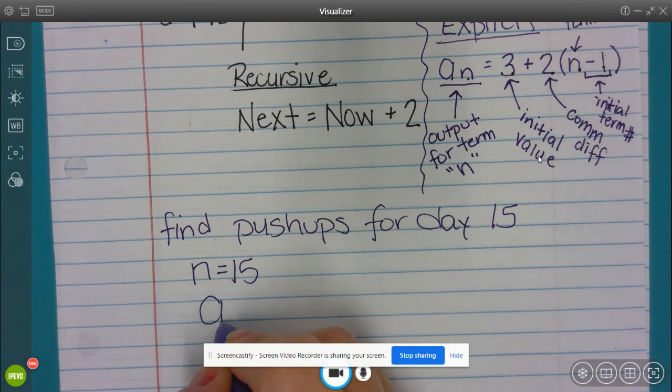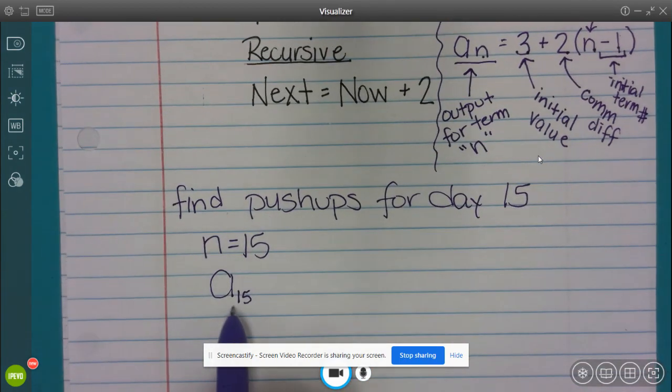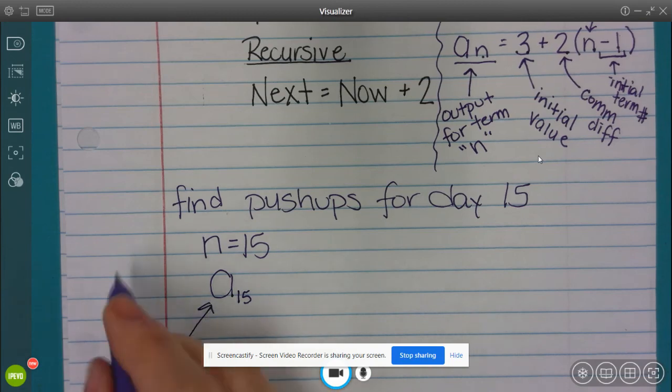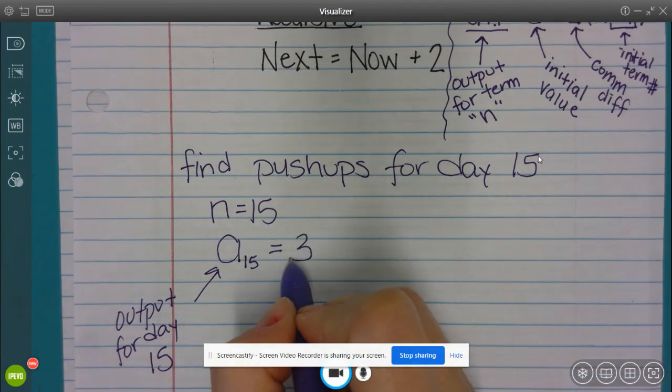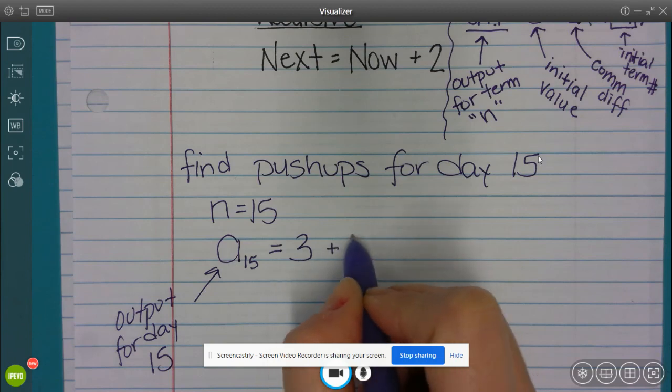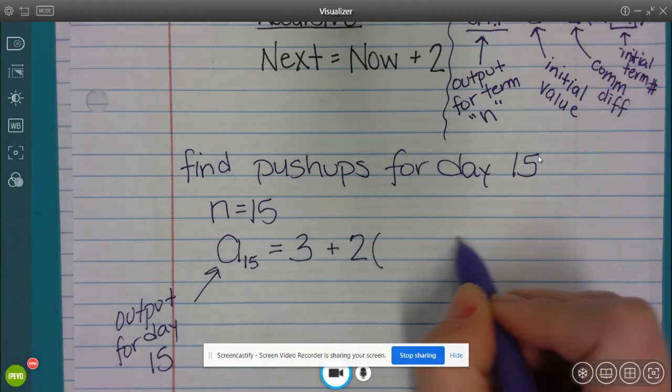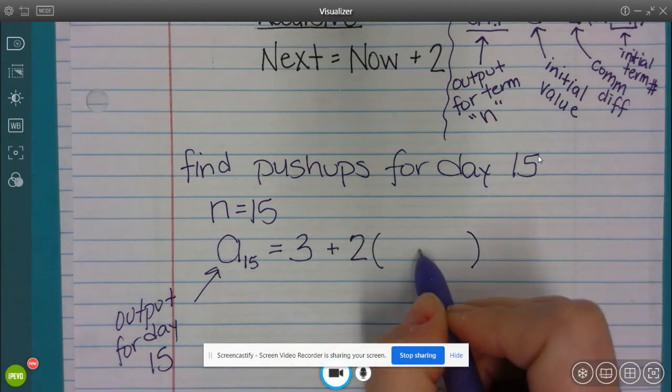My output for day 15, that's what this means, is going to be equal to 3 plus 2 in parentheses.